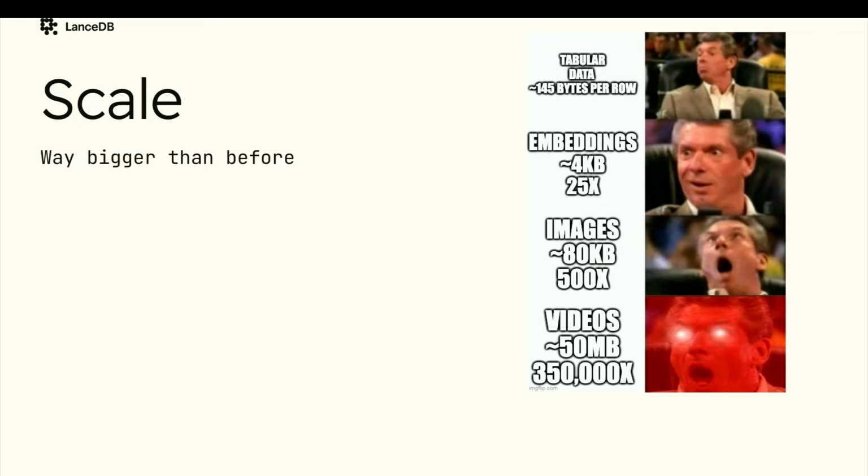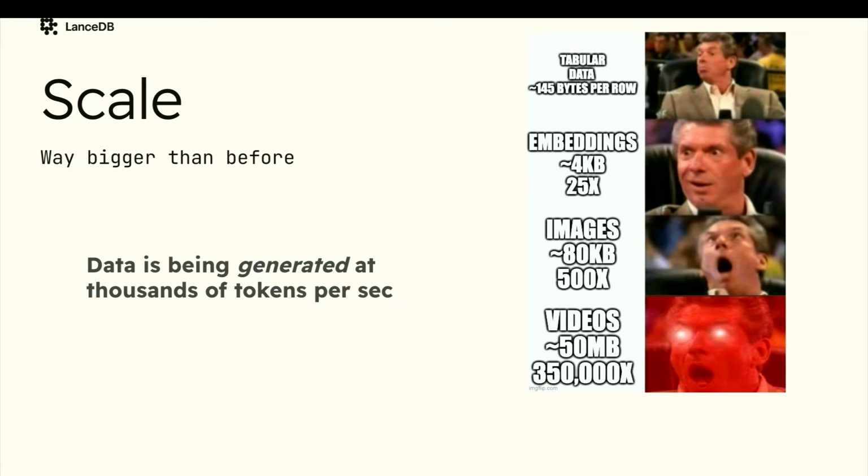In addition, with AI, instead of just having your data being manually collected and manually labeled, they're now being automatically generated at thousands of tokens per second. So you're not constrained essentially by the scale of human effort here.